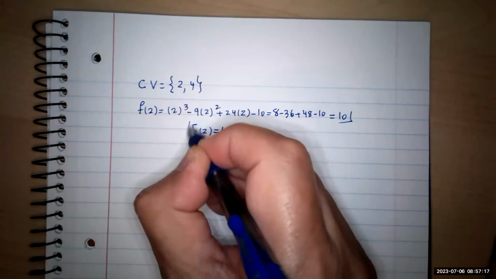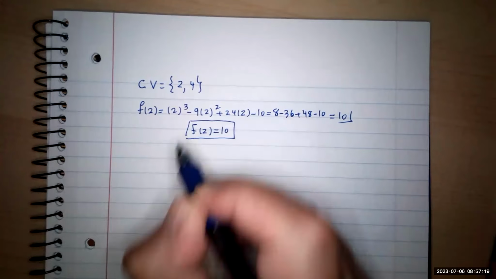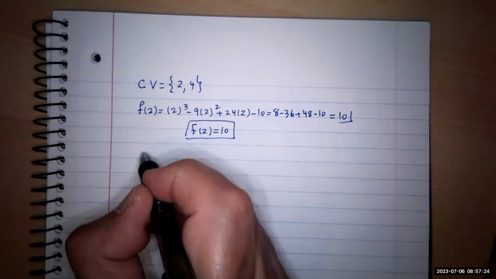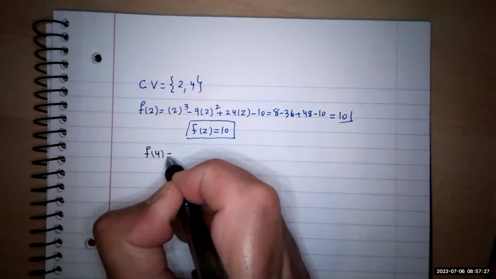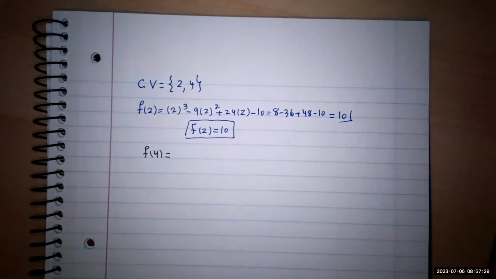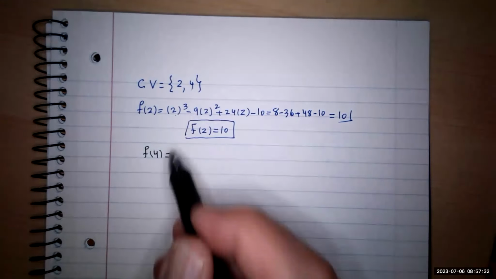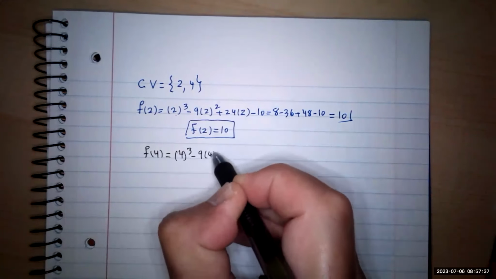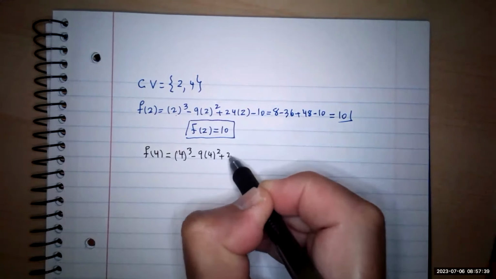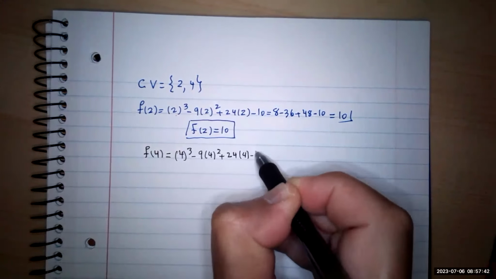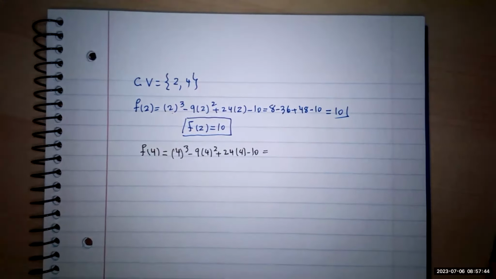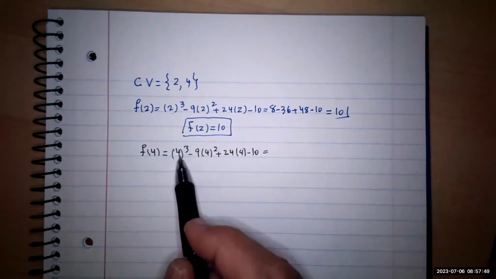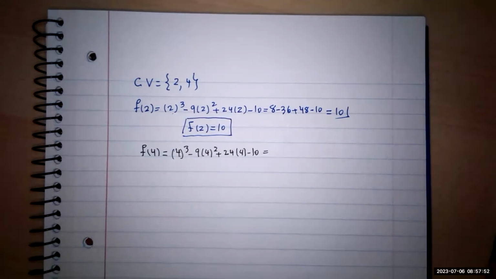You have to check to see if this is a maximum or a minimum. Okay, repeat it. Plug in the 4. So f of 4 equal to, substitute again in the original function. It's going to be 4 cubed minus 9 times 4 squared plus 24 times 4 minus 10. 4 cubed: 4 times 4 is 16, 16 times 4 is 64.